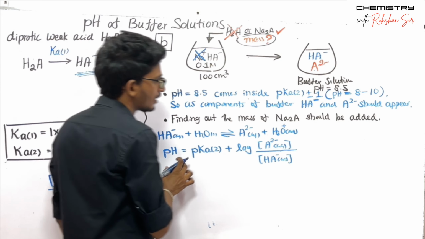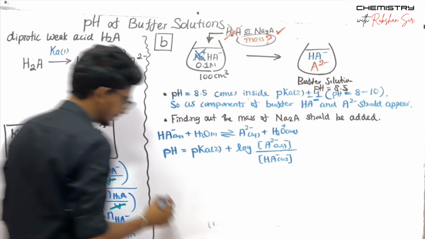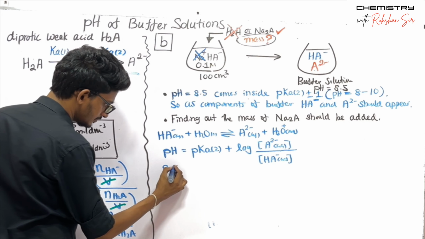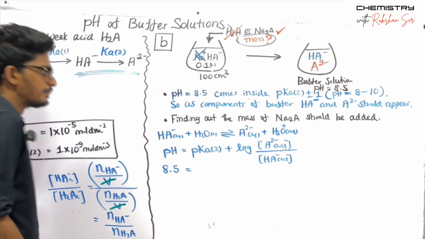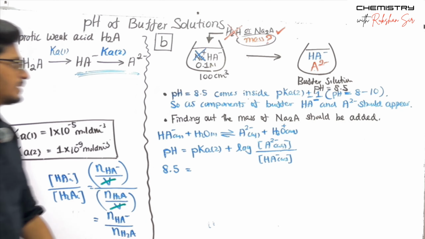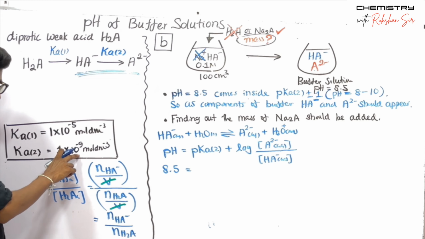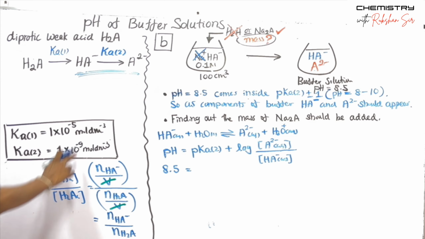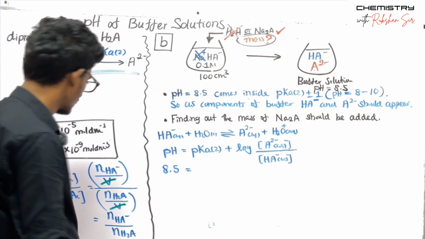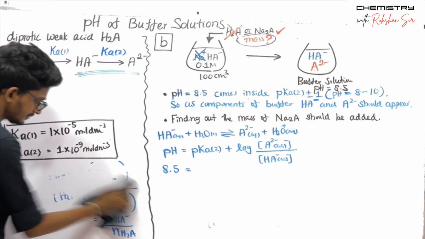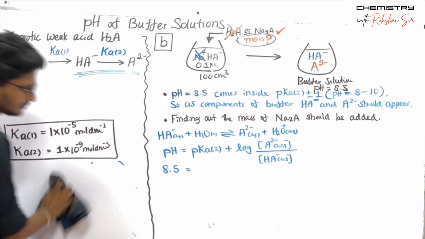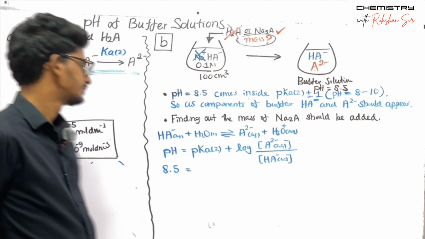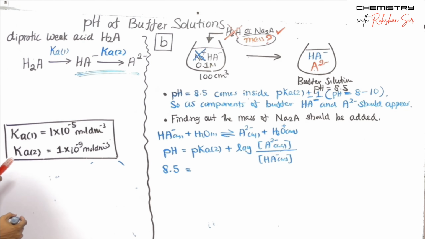So the pH of the buffer needed is 8.5. The pKa2 value is 9. Ka2 is 10 to the power minus 9, so pKa2 is 9. Clear? Right?